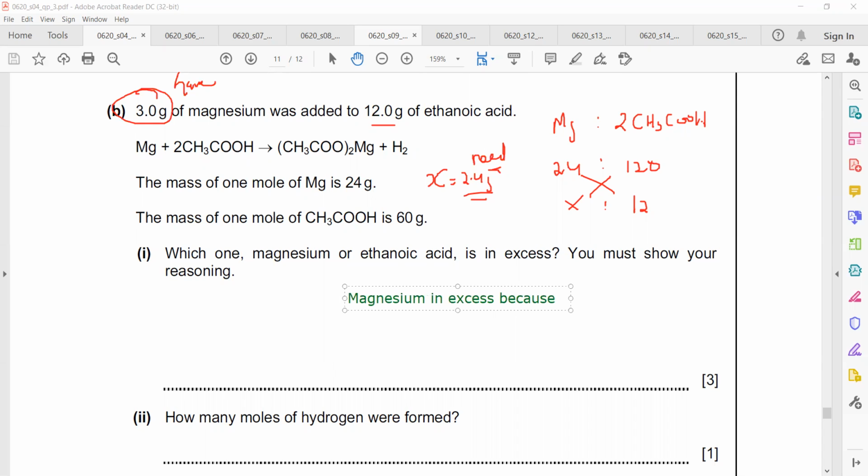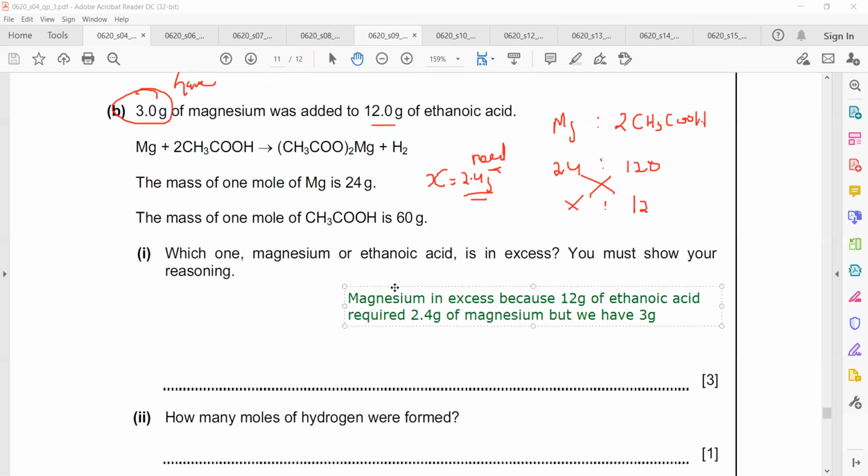Because 12 grams of ethanoic acid requires 2.4 grams of magnesium, but we have 3 grams, so magnesium is in excess.